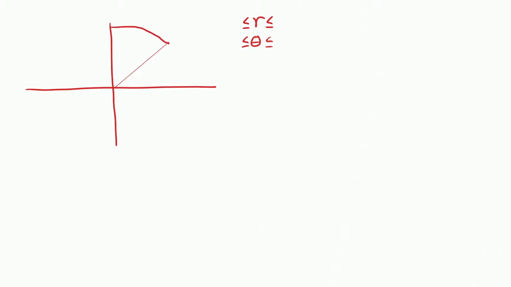Let's say that this is radical 2, and this is going to be 0, 2. These here are xy, just so you know. So this is a piece of a circle, and I'm interested in that pi wedge. Your job is to tell me what the limits are if we switch to polar coordinates.